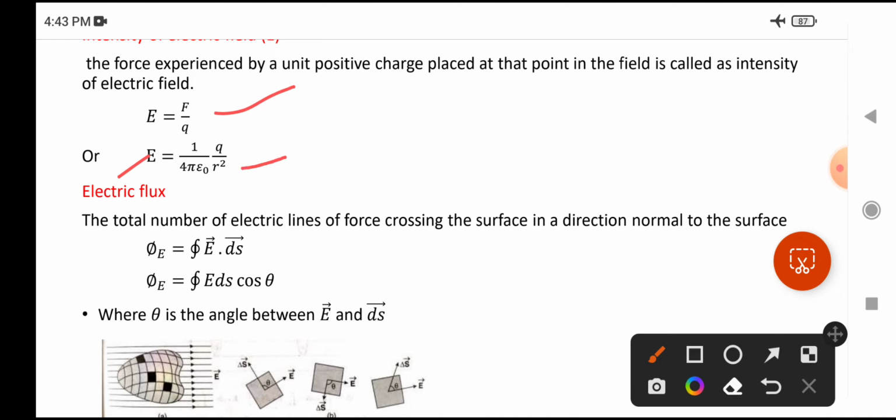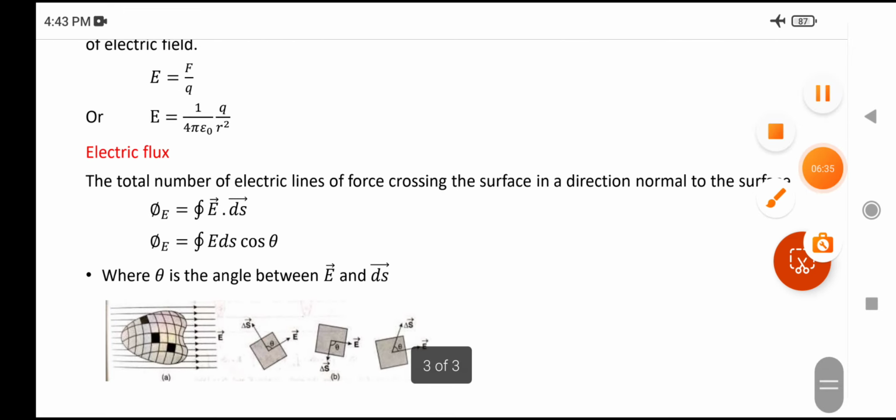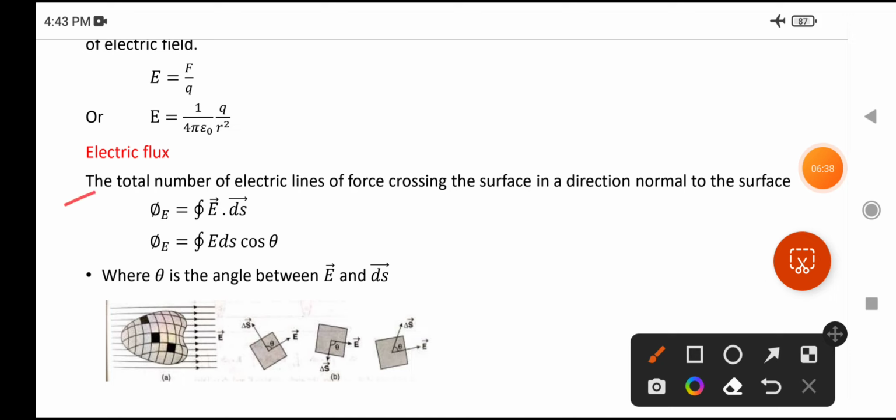Next, electric flux. So what is the electric flux? The total number of electric lines of force crossing the surface in a direction normal to the surface. Here, what? Total number of electric lines of force.